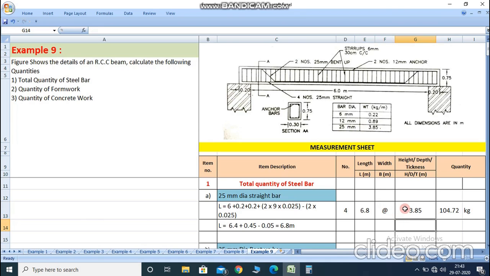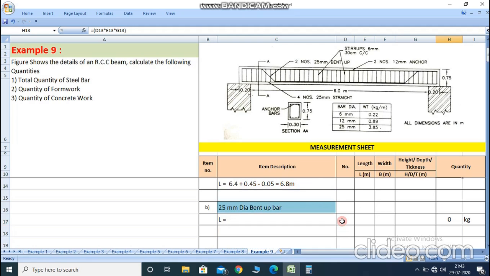So here the total quantity we got is 104.72 kg for 4 bars of 25 mm diameter. Clear? This answer comes from 4 multiplied by 6.8 multiplied by 3.85. So it's the final answer for the 25 mm diameter 4 straight bar quantity.